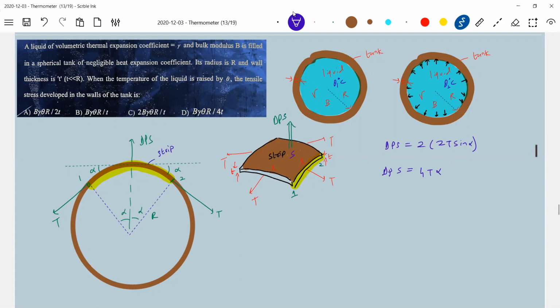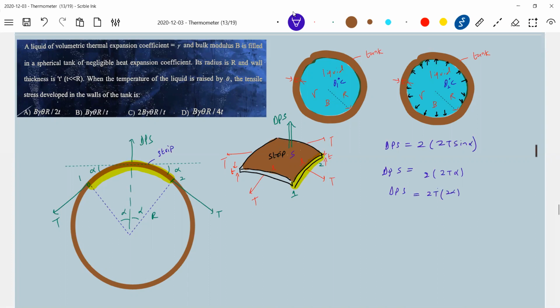Now, what is the 2T 2 alpha? Okay, I'll write all this. So let it be here. 2T alpha. T I'll bring outside. 2 alpha. Anything can you write 2 alpha?